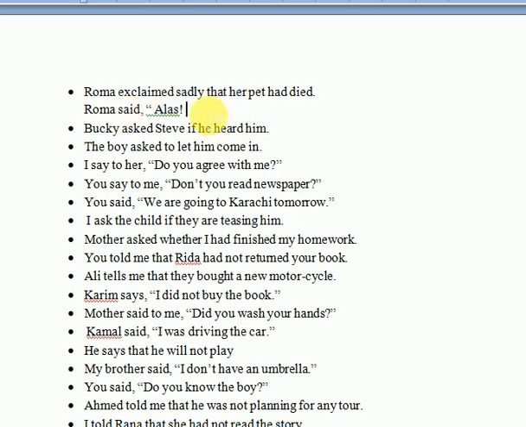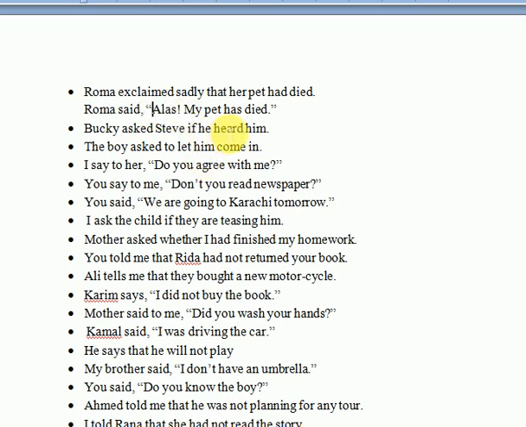So this would get changed into my pet had died, which could change into died, past indefinite, or into present perfect. They both are appropriate here because we are not given any clue. So this would be my pet has died. Alas, my pet has died. If we change that back into the indirect, we see Roma exclaimed sadly that her pet had died. So we did that right.